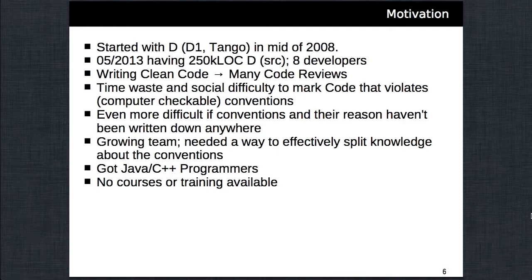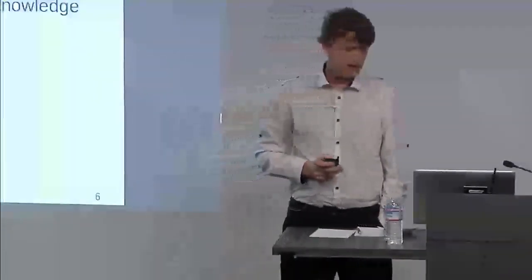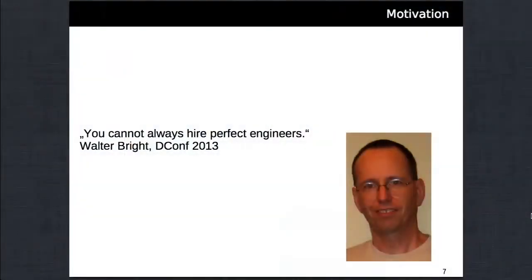You just get Java guys, Python guys, C++ guys. And you can't send them to a training. You can't give them a book, except Andrei's book, but there is very little material available. And I think Walter put it in one quote on the first day, that you can't always hire perfect engineers, so put in some code conventions to make it easier for them.